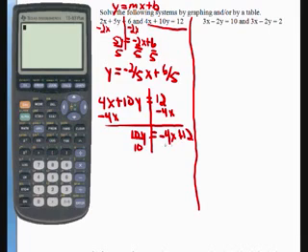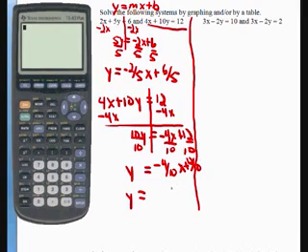Divide everything by 10, and you get y is equal to negative 4/10 x plus 12 over 10. We probably want to reduce, and by the way, you do want to go ahead and reduce all of your fractions if possible. That'll give us negative 2/5 x plus 12 over 10 gives me 6/5.